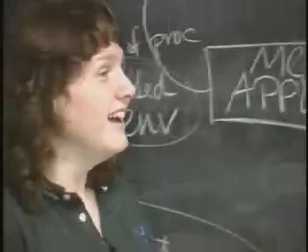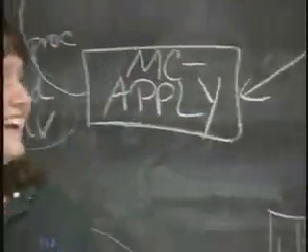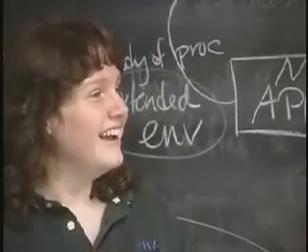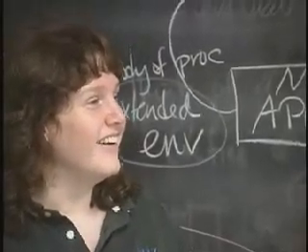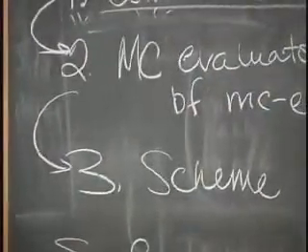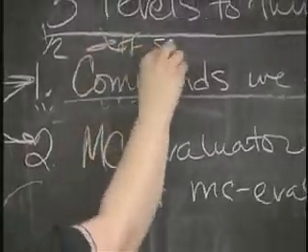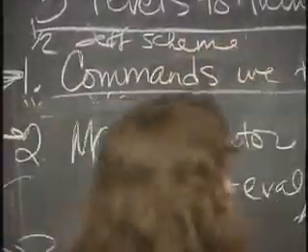Or even better, you could use ADU scheme to write an evaluator, which would then run Jeff scheme. Oh, okay. So I guess if we want Jeff scheme to be up here, this is still going to be commands and MC eval.